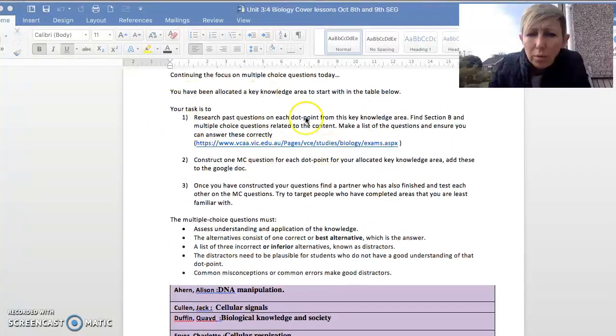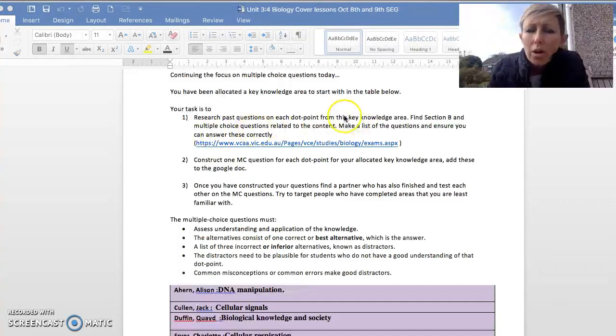So for each dot point, by the end of today's lesson, I need a multiple choice question for each of the dot points posted in the Google Doc that I've invited you to. That invitation will be in your email. The purpose of this is to help you focus on a particular area of the study design, and also to consider how multiple choice questions are structured. The more you understand these questions, the more efficient you're going to be during that part of the exam.